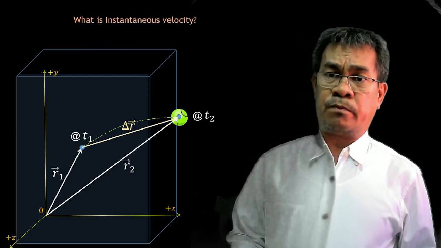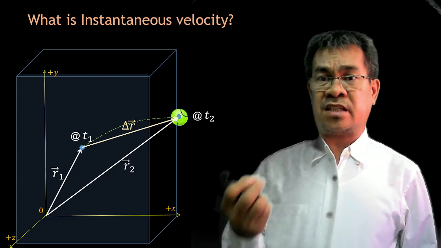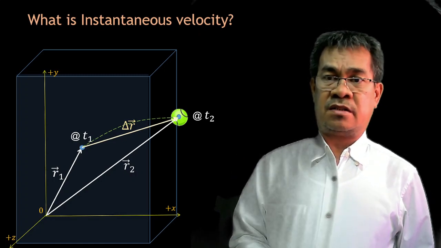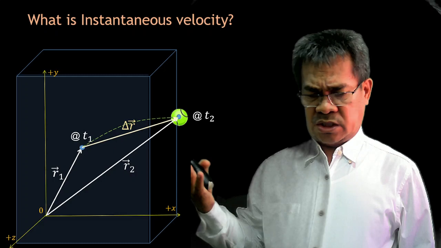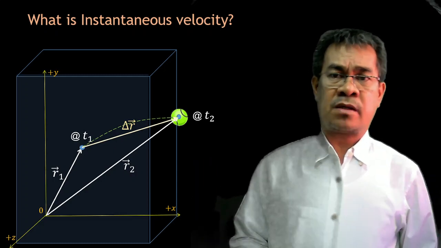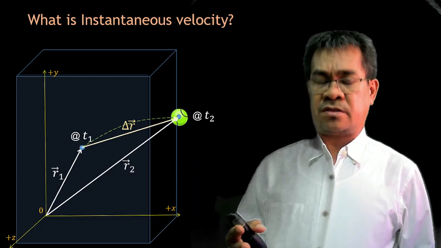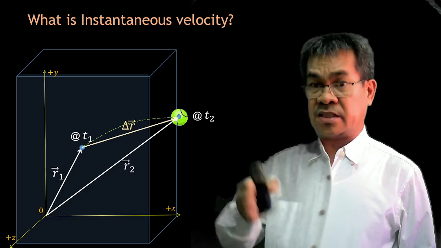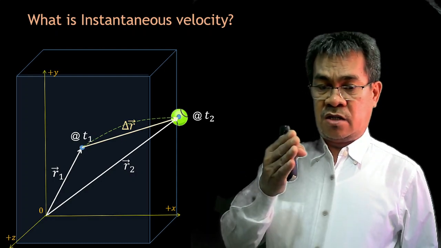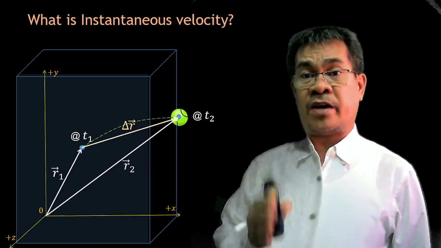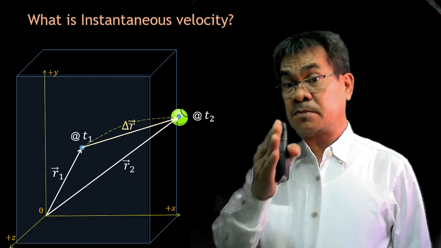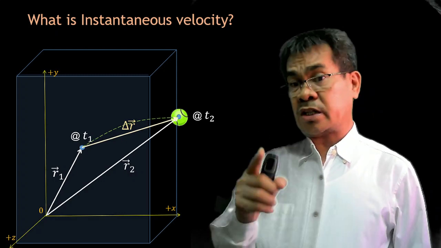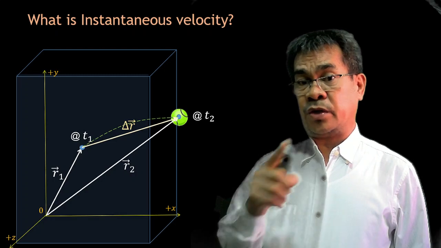How do we compute the instantaneous velocity? Now, what is instantaneous velocity? From the word instantaneous, it is at a certain instant, meaning we are to find the velocity of that particle at that specific point. Now we look at the travel from point 1 to point 2.